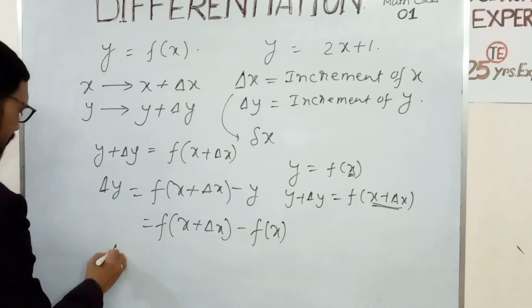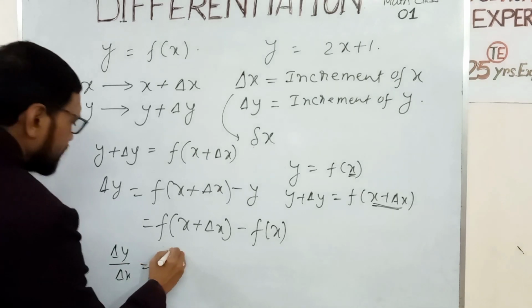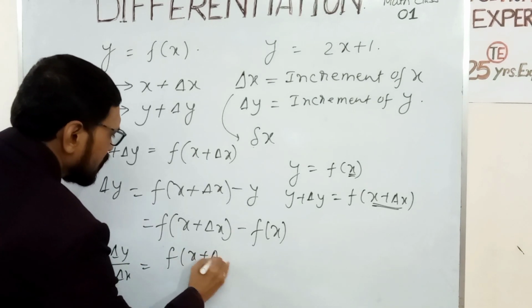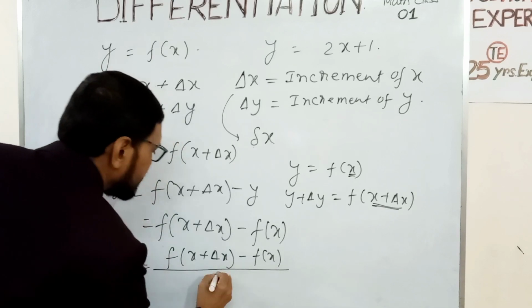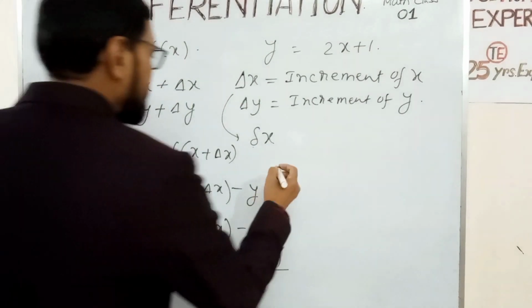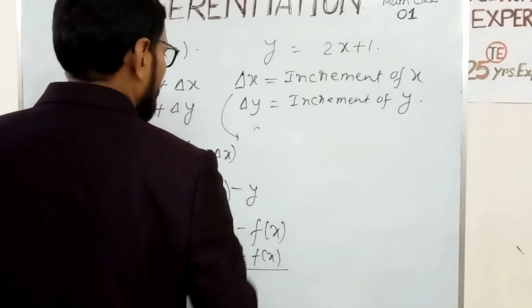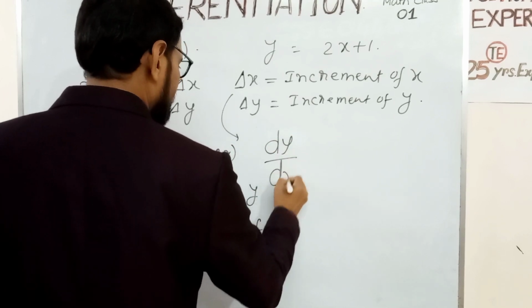Now delta y by delta x will be f(x plus delta x) minus f(x) by delta x. Okay. Now what is the meaning of derivative or differential coefficient of a function? Derivative of a function is denoted by dy by dx.